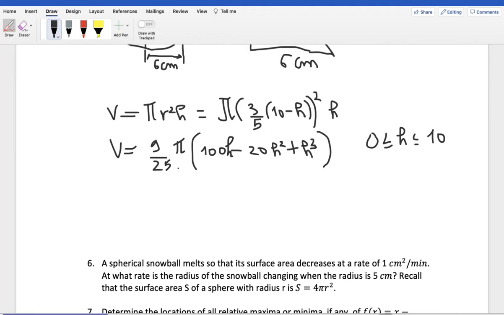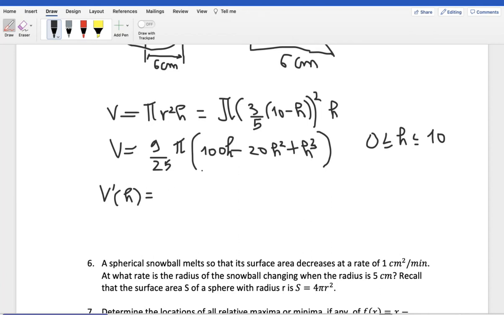So since we're looking for the maximum, remember, when you're looking for a maximum, you take the derivative of the equation that is given to you. So you're looking for the maximum volume, so you take the derivative of the equation in terms of height, right?